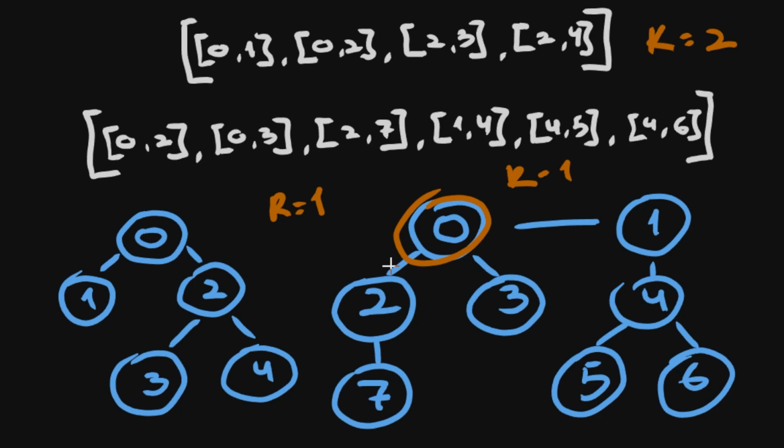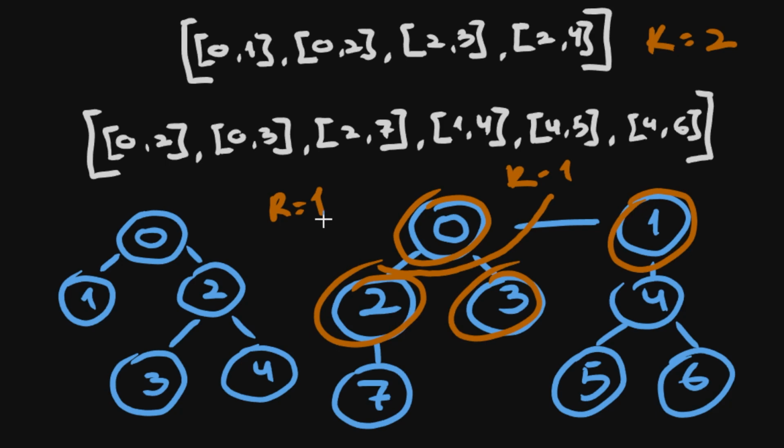And from here we can move to every adjacent node, meaning 2, 3, and 1, and we can add this, this, and this to the result. So now the result is 4. And we are currently at level 1, because remember, this is level 0 and this whole thing is level 1.